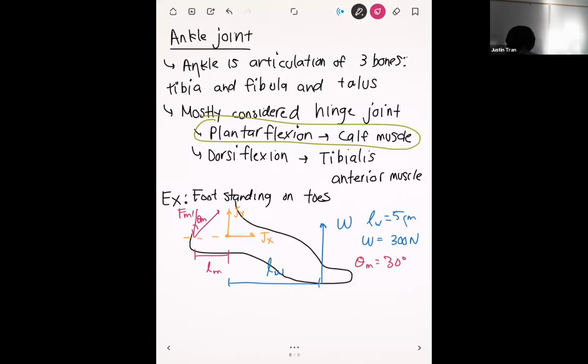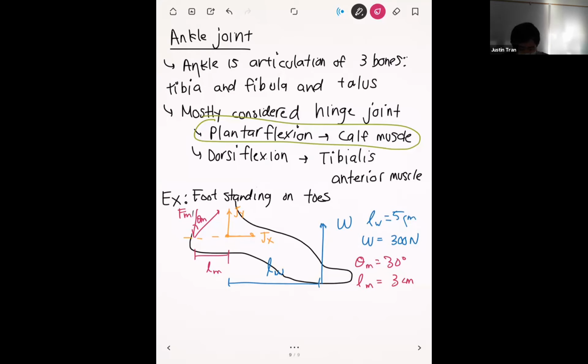The vertical line is what we assume is the muscle that's connected to the bone. And then LM, I didn't write it down, but right here, LM is 3 centimeters. Let me put all my parameters in the right place.